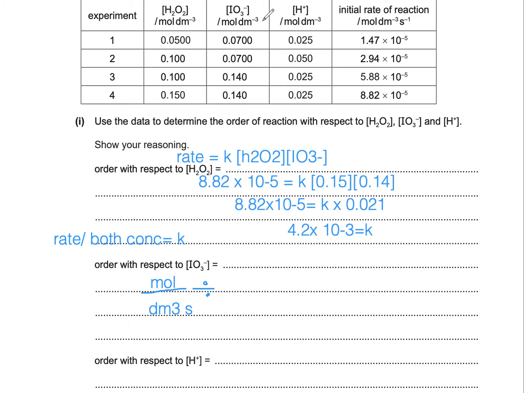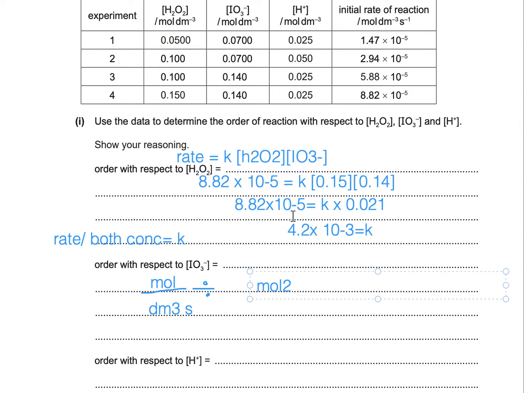When we multiply the units for the two concentrations, we get mole square, because there are two. When we multiply moles by moles, we get mole square. And when we multiply dm minus 3 with dm minus 3, we get dm minus 6.